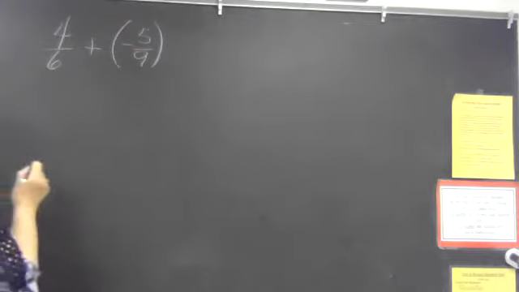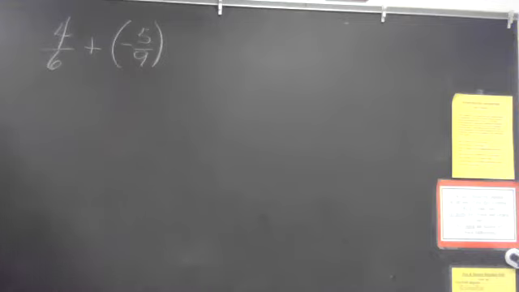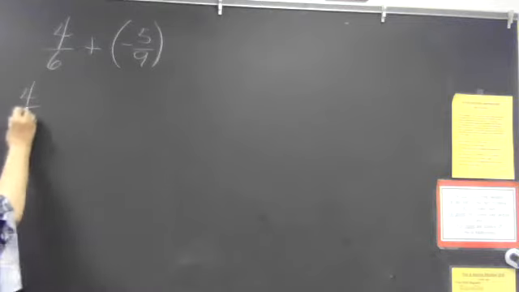Okay, so we found out yesterday that if they don't have common denominators, but really all the time when we're adding or subtracting, we write it vertically. I think it's just easier to understand and keep track. So we're going to say 4/6 plus, and it's a negative 5/9. You don't have to put the parentheses there, just as long as you understand that it's plus and negative.